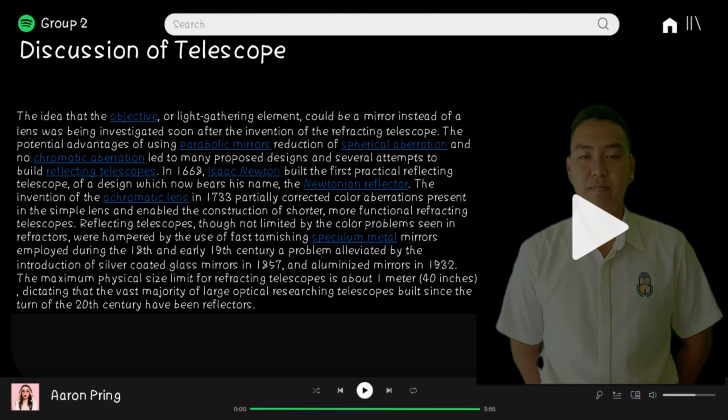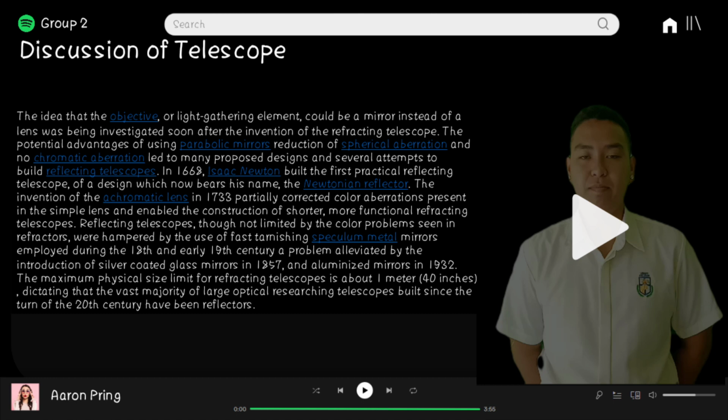Reflecting telescopes, though not limited by the color problem, were hampered by the use of fast tarnishing speculum metal mirrors employed during the 18th and early 19th century. A problem alleviated by the introduction of silver coated glass mirrors in 1857 and aluminum mirrors in 1932.